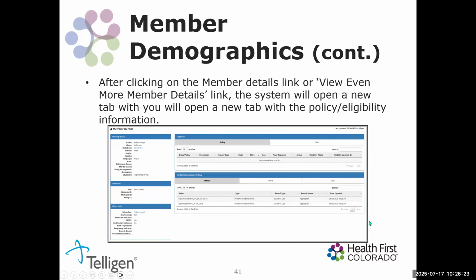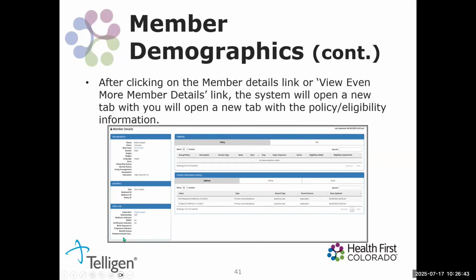This screen just gives you a general overview, plus gives you eligibility information that we get on the file from the state of Colorado. It will give you demographic information, any identifiers, such as social security number, Medicaid ID, all the stuff that comes over in the file will populate.